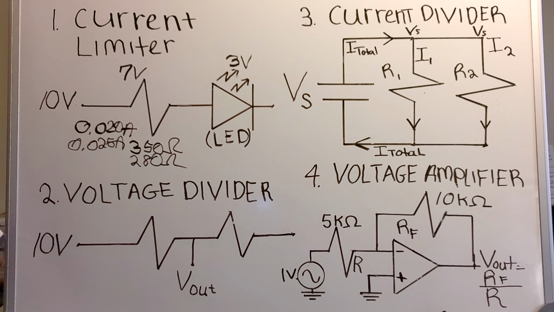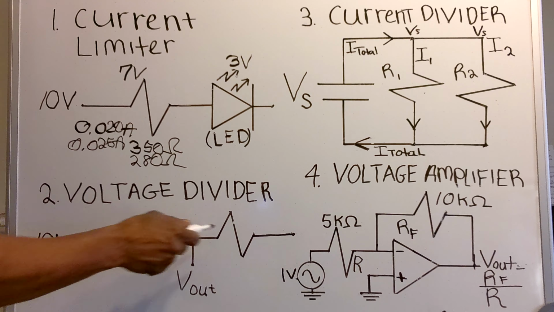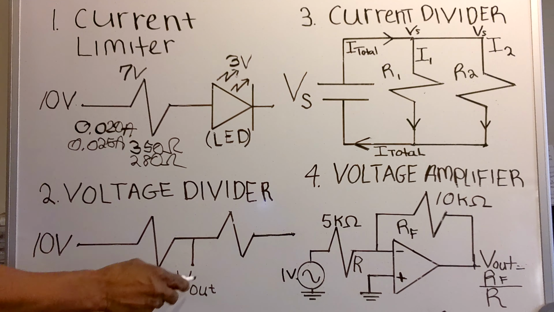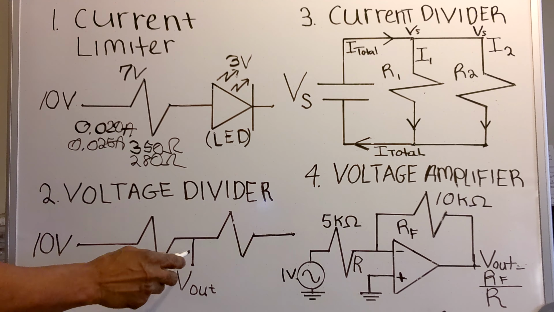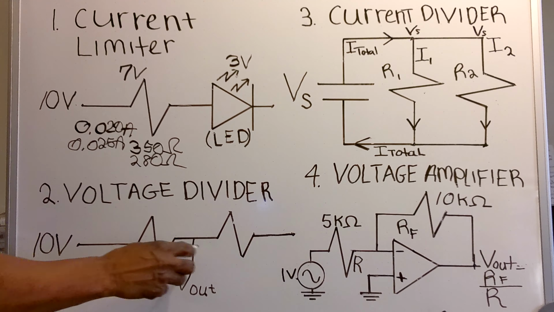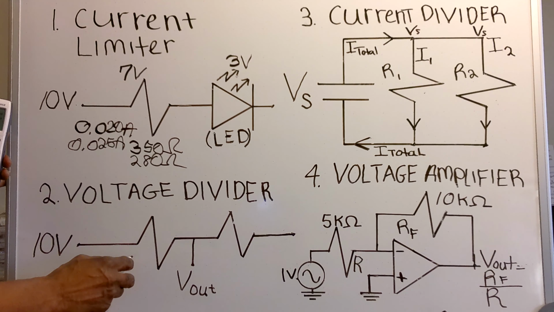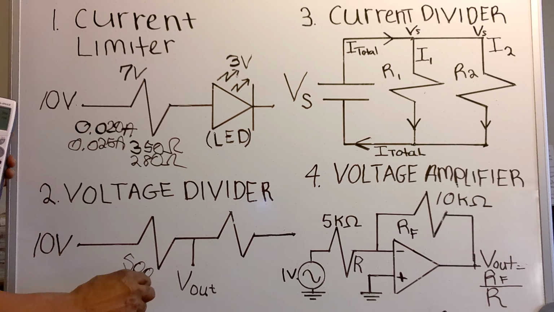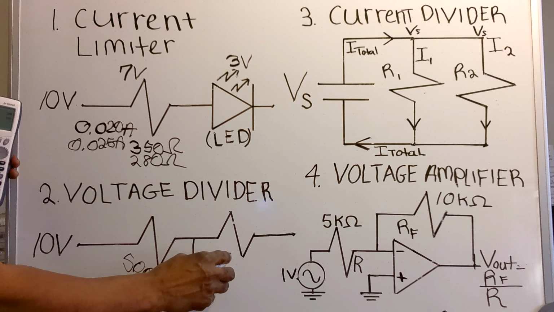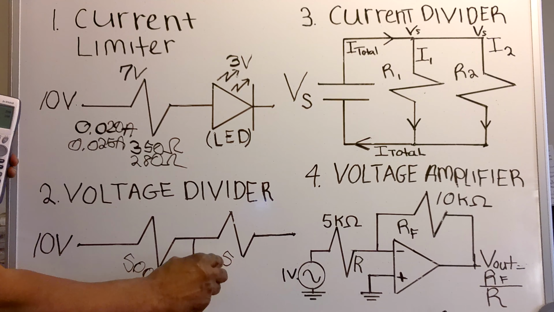But number 2, you can also use resistors as a voltage divider. Now, here I've got a 10-volt source. I've got 2 resistors in series, and at this point right here, I will be taking my output voltage. If the resistances are equal in value, let's say I have a 500 ohm resistor here, and I've got another 500 ohm resistor here.